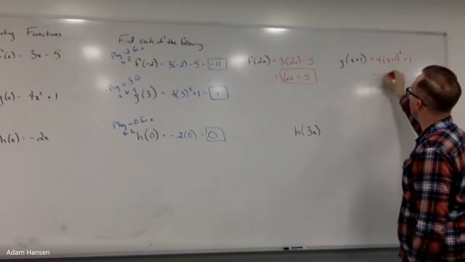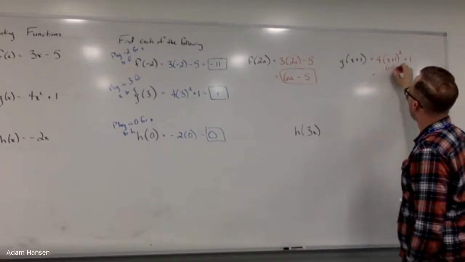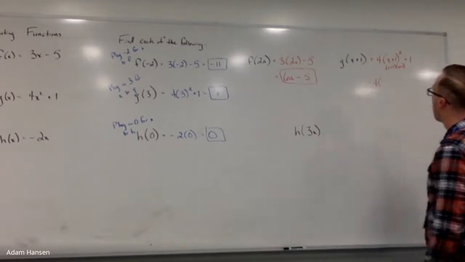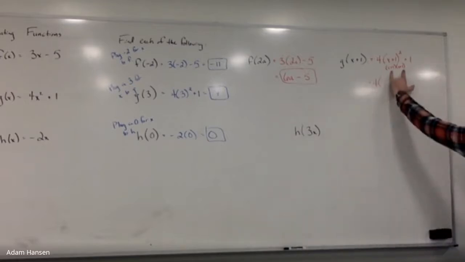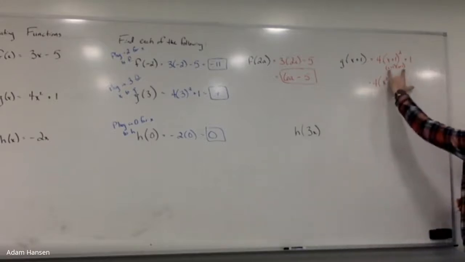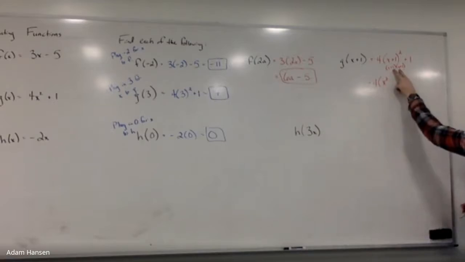I need to take x plus 1 quantity squared. So that's going to be x plus 1 times x plus 1. Expand that out first. So I'll bring down the 4. Take x plus 1 times x plus 1. X times x is x squared. X times 1 is x. Now do 1 times x, that's also x.